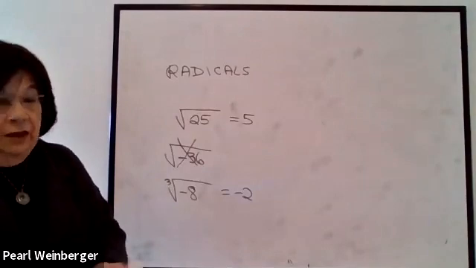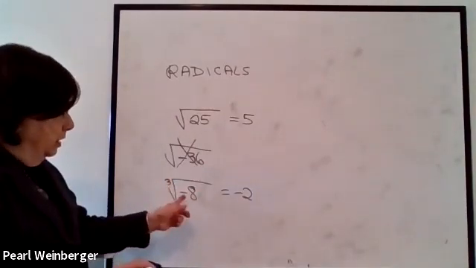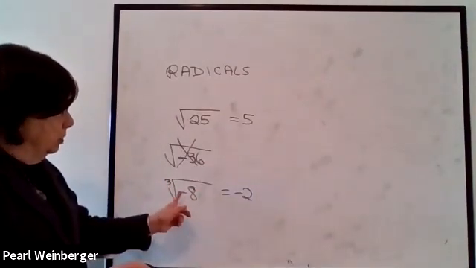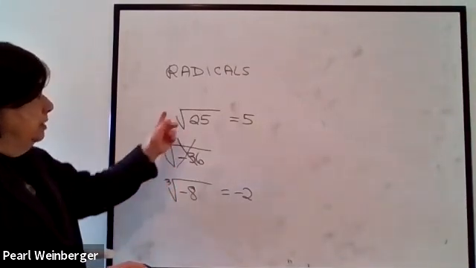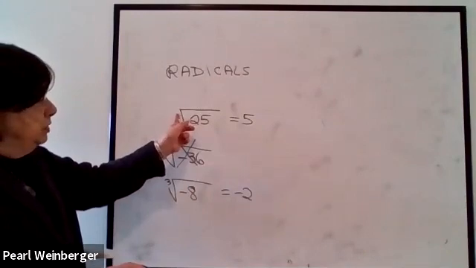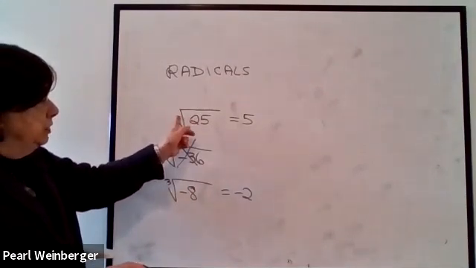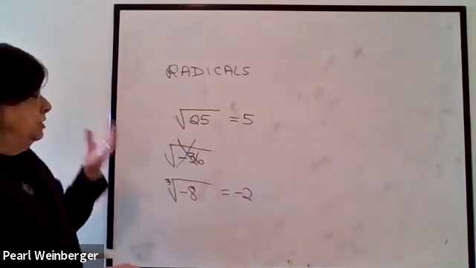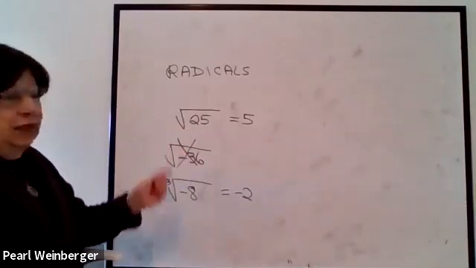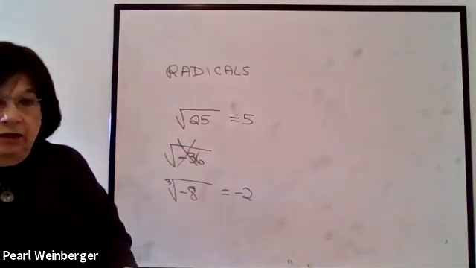Those can have negatives inside the radical. When your index is even, like a square root, even though no number is written in it here, when there's no number written in it, it's understood that the index is 2. If it's 2 or 4 or 6, then you can't have a negative inside there. Then you're not going to have a real number.